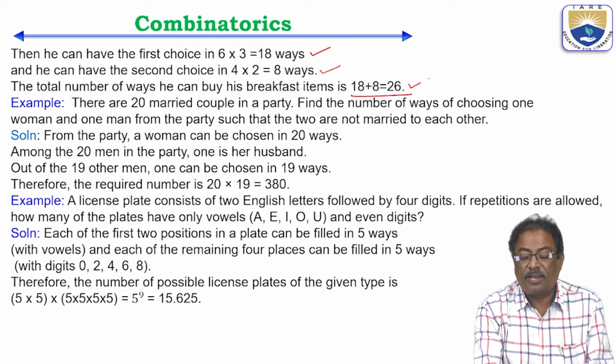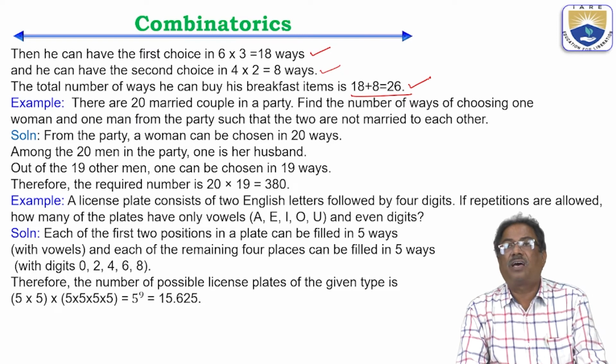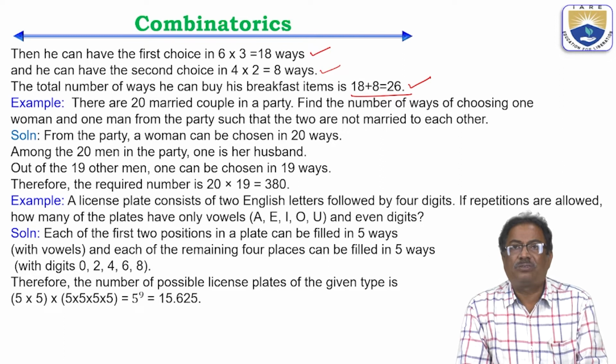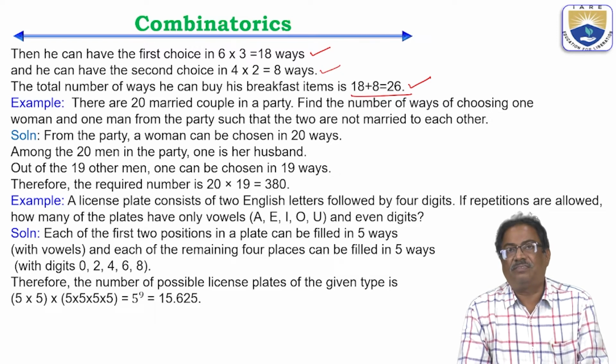We get the total possible ways as 26. So he can choose his breakfast in 26 ways.